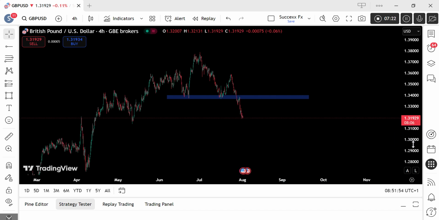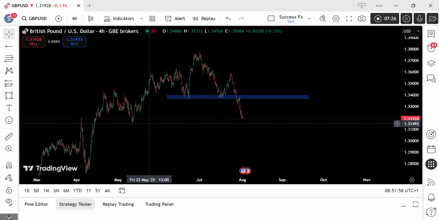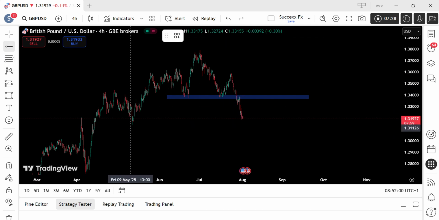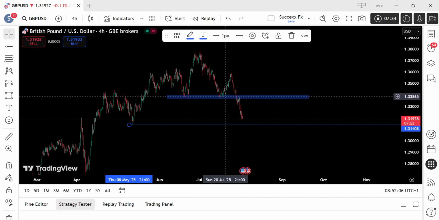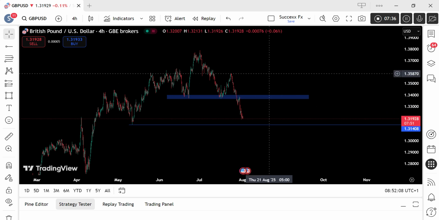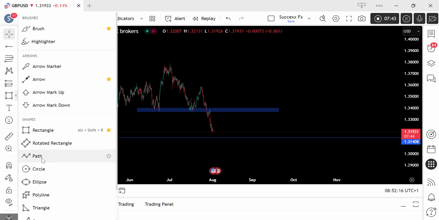What's the extra confirmation we're waiting for? We're expecting price to get to this support here, right, before coming back to test this neckline. Because ordinarily, the way the price moves is like this.